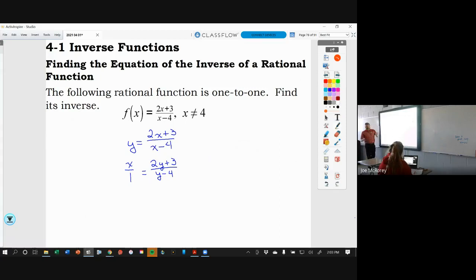If it's easier for you to make it look like a proportion, go for it. Or if you want to multiply both sides by y minus 4, go for it. Guys, it's the same thing. What happens when you multiply x times y minus 4? xy minus 4x equals 2y plus 3.